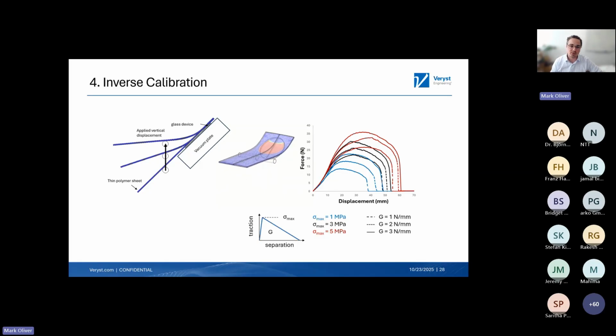And so what we did in this particular case is we used a vacuum chuck to hold the glass in place, and then designed a little fixture to peel this off. This is a peel test in which the peel arm length and the angle are constantly changing.